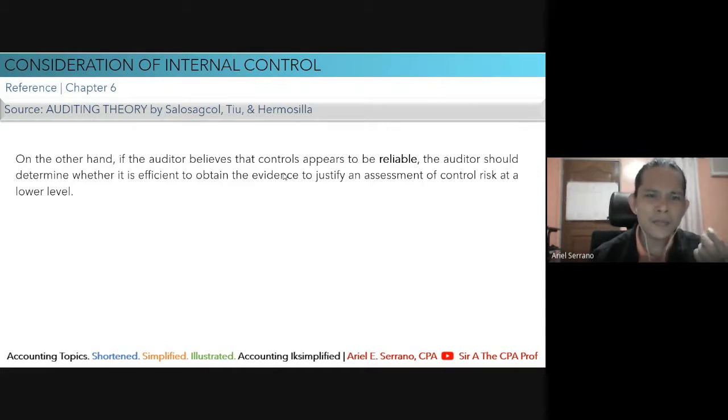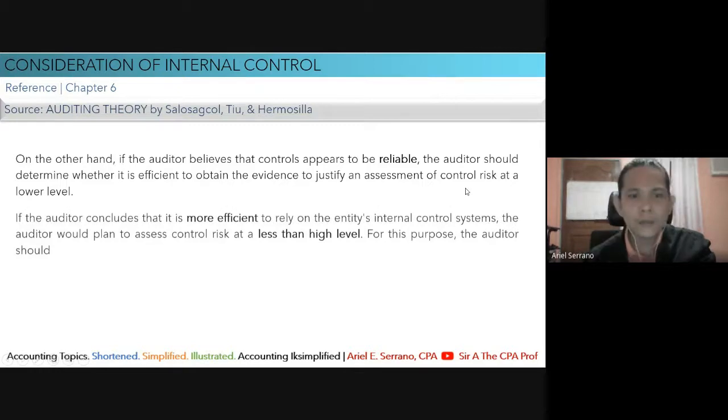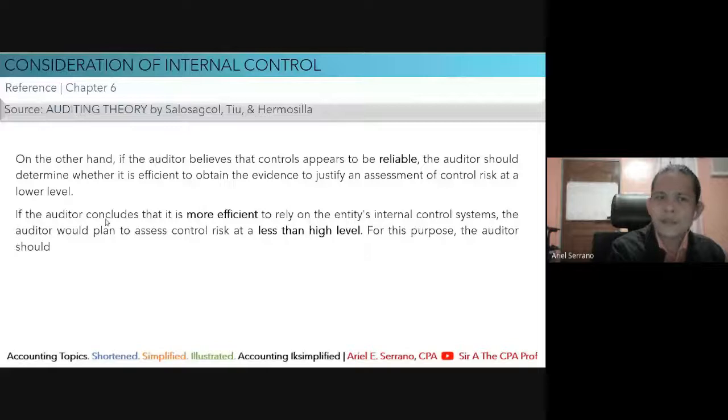We will determine whether it is really reliable or not by performing test of controls. Determine whether it is efficient to obtain the evidence to justify an assessment of control at a lower level. Auditor concludes that it is more efficient to rely on the internal control system. So, ang plano natin sa control risk ay less than high level.